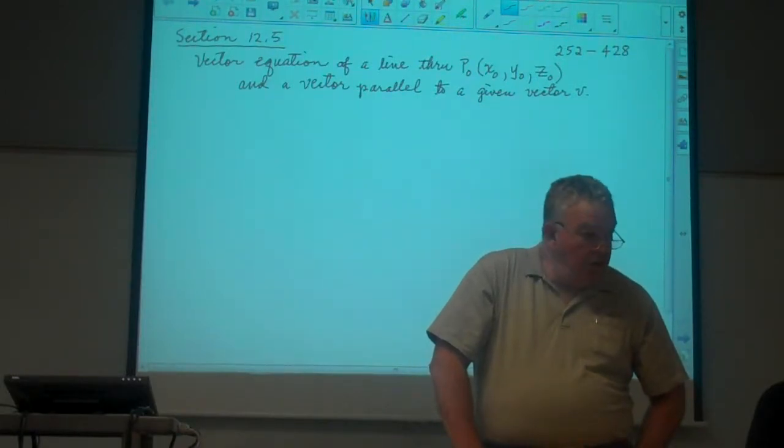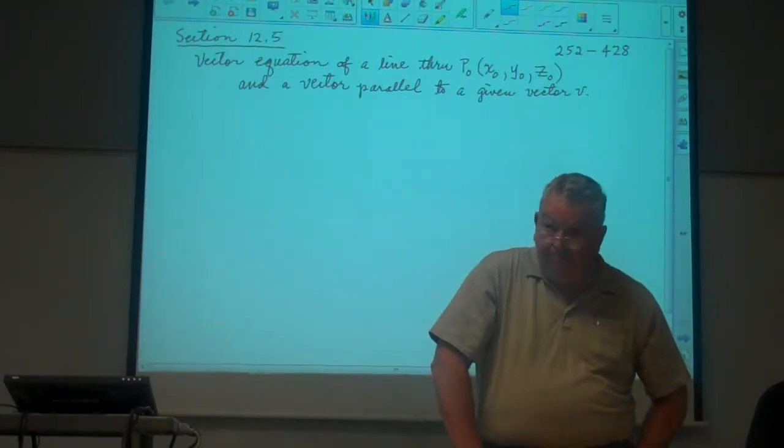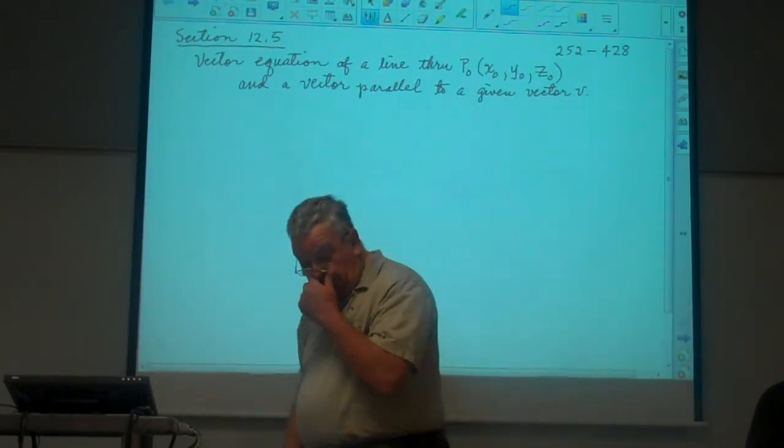So what we're going to want to do is find a line through that point in the same direction as a given vector. Doesn't this sound like the point slope equation of a line? And that's what it is.